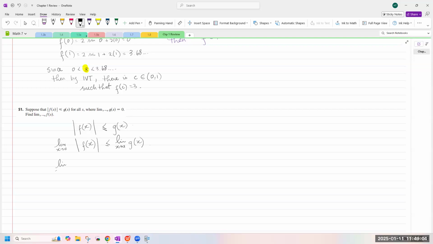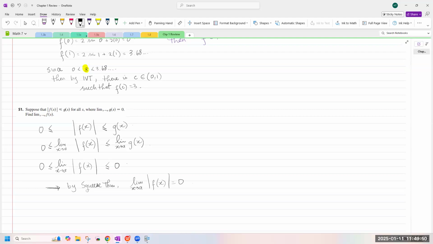Now, that limit of absolute value of f(x) is therefore less than or equal to 0. Maybe I also write it this way: absolute value is always greater than or equal to 0, right? That implies by squeeze theorem, the limit as x approaches a of the absolute value is equal to 0.